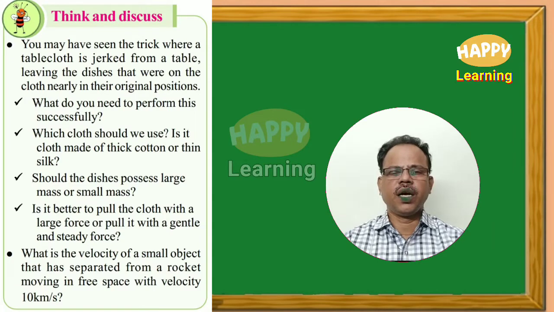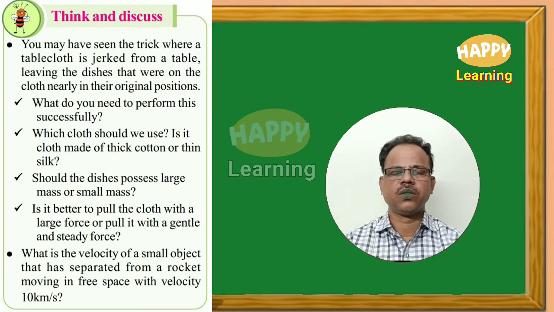Now think and discuss. You may have seen the trick where a tablecloth is jerked from a table, leaving the dishes that were on the cloth nearly in their original position.